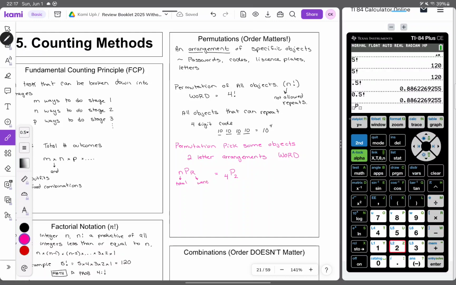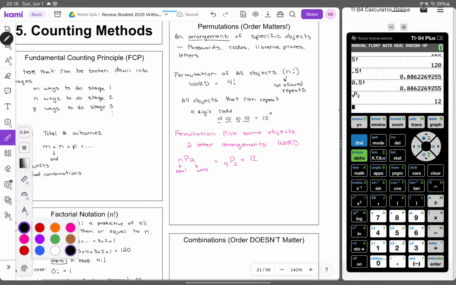Because I have the new style, it's going to ask you for the numbers. The old style, you're just going to have to replace whatever was before. So I'm going to go 4 nPr 2. And there we go. There's 12 different arrangements that I could have.